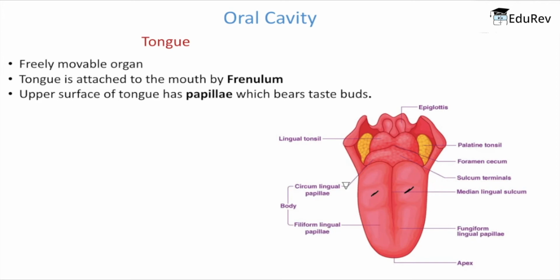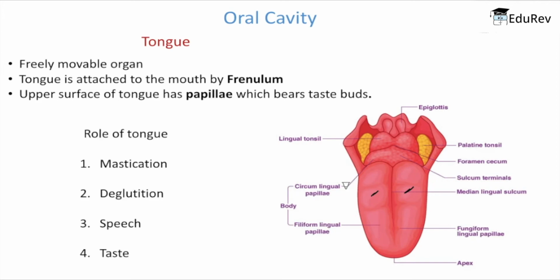Now, if we talk about the functions of the tongue, the first function is mastication. It helps in the mastication of food, also known as the grinding of food. It aids in the mixing of food being ground inside our mouth. The next role of the tongue is deglutition, also known as swallowing of food.